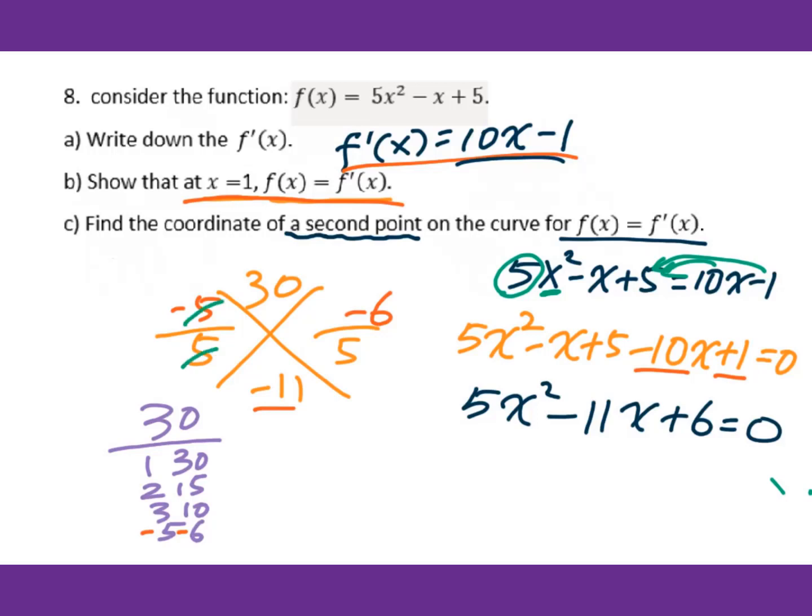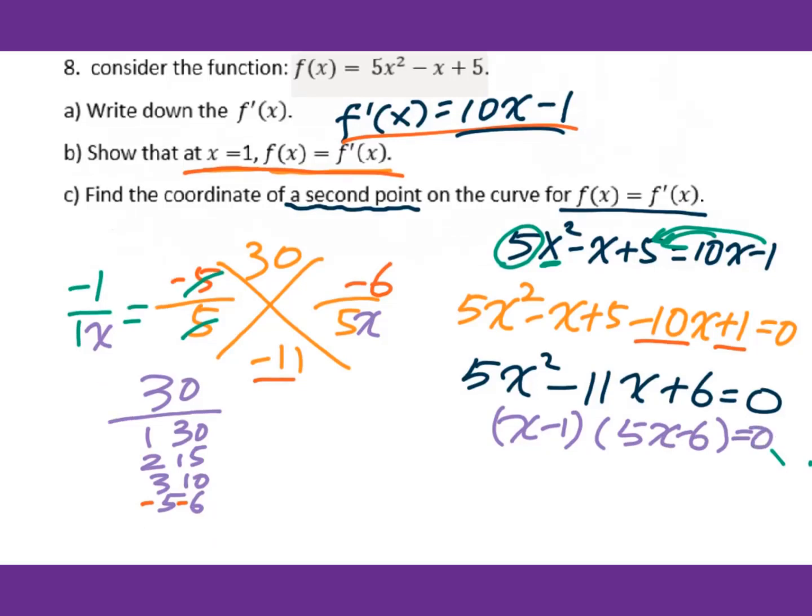Remember, reduce, so you get negative 1, 1. Then we put the variable here, x. Do the bottom up. You will get (x minus 1)(5x minus 6) equal to 0. So you get x1 equals 1, x2 equals 6 over 5.